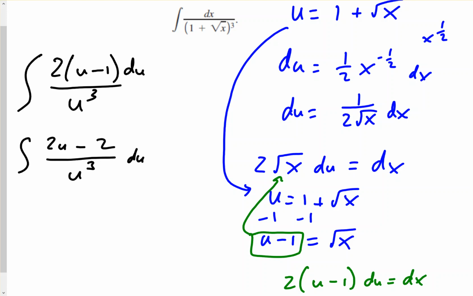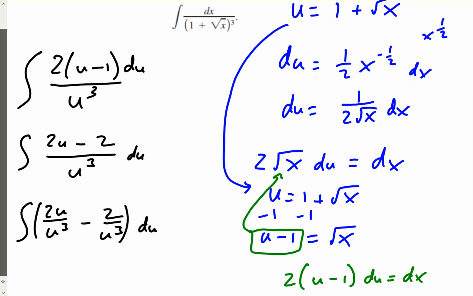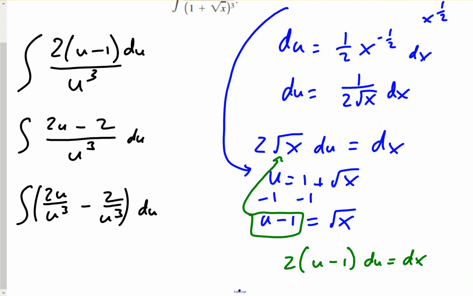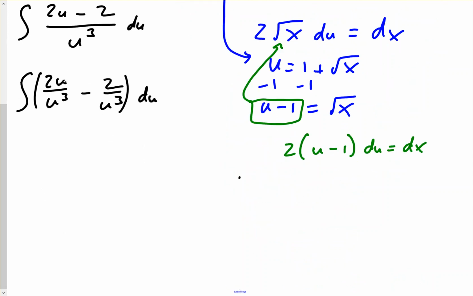If we split this into 2 fractions, we have 2u over u cubed minus 2 over u cubed. Which simplifies slightly. The 2 u's here would cancel, so we have 2 over u squared minus 2 over u cubed du.